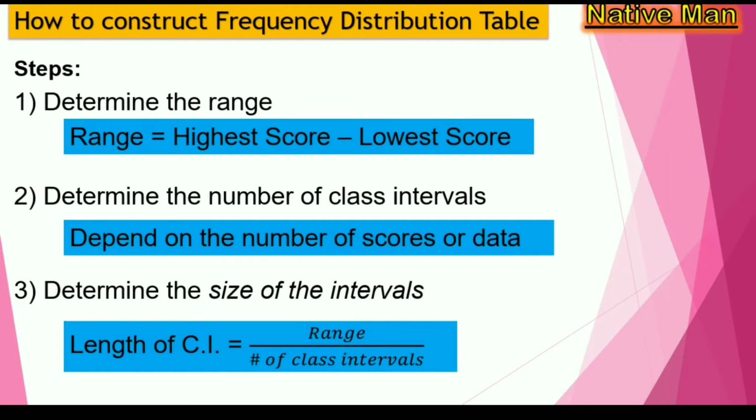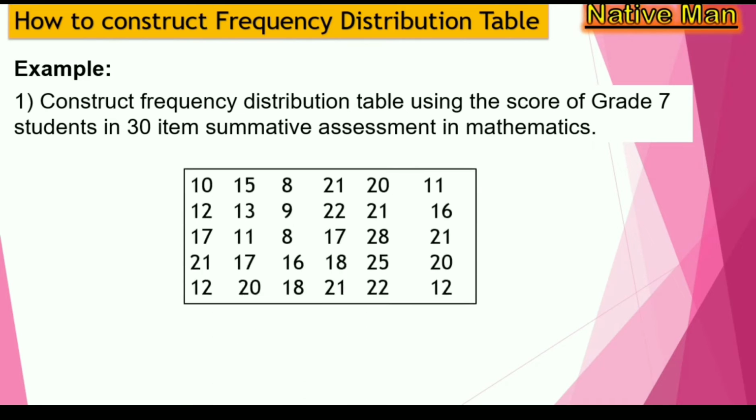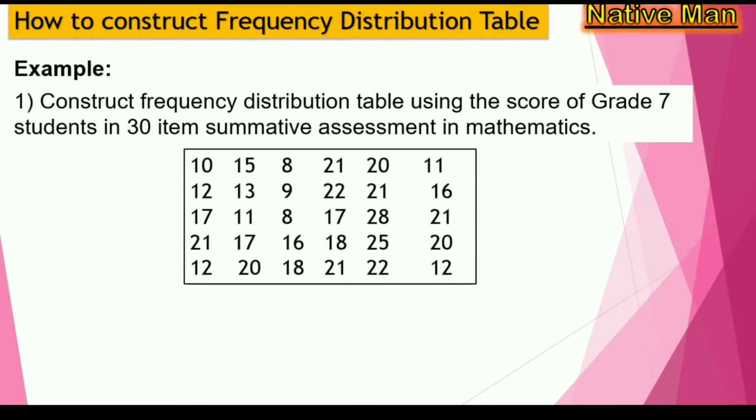Okay, so let's proceed to the example of each step on how to construct a frequency distribution table. Construct a frequency distribution table using the scores of grade 7 students in a 30-item summative assessment in mathematics. For instance, these are the scores of 30 students.